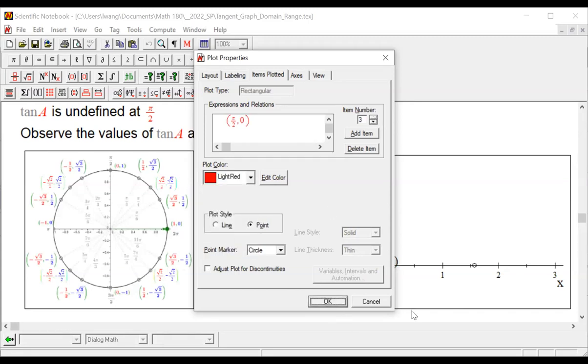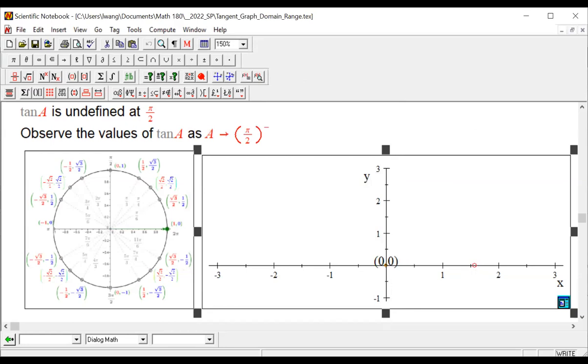Forbidden. We cannot go there, we cannot assume that value, but our angle can get as close as possible to it. So we're going to observe how the ratio of tangent behaves when we take input values closer and closer to pi over 2.